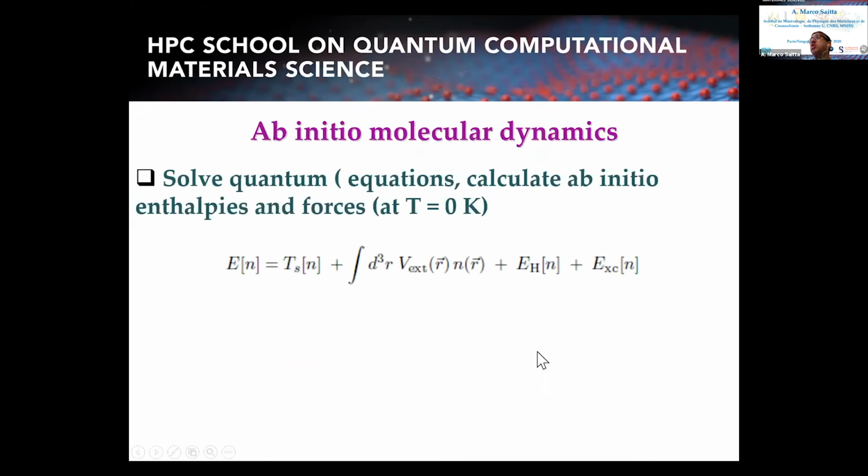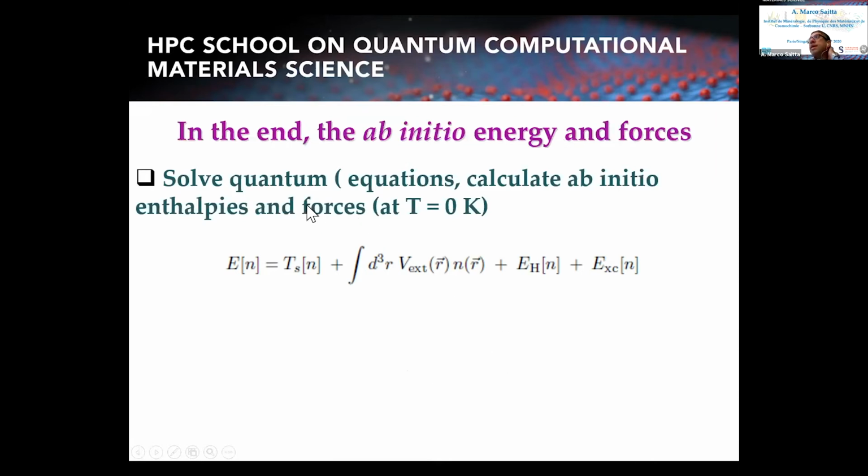Once we have the total energy, which is pretty much what Dario or Michele said yesterday about this psi H psi expectation value, this is basically the expectation value reformulated in DFT terms.